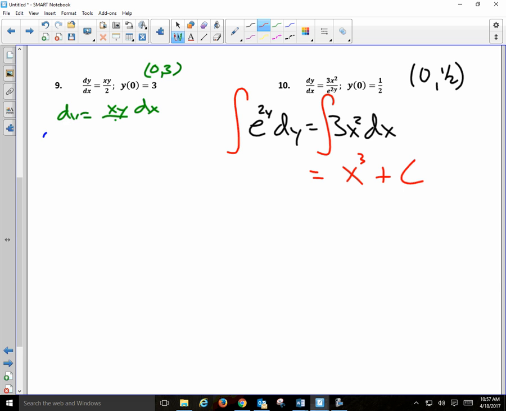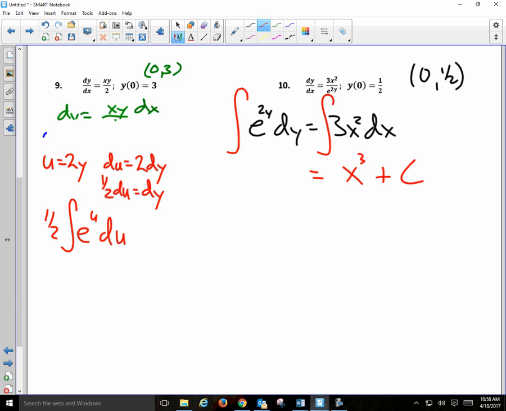So for those of you who don't see that, u is equal to 2y, so du is equal to 2 dy. I don't have a 2 dy, so I multiply by 1/2. 1/2 du is equal to dy. So 1/2 integral of e to the u du would just be 1/2 e to the 2y.